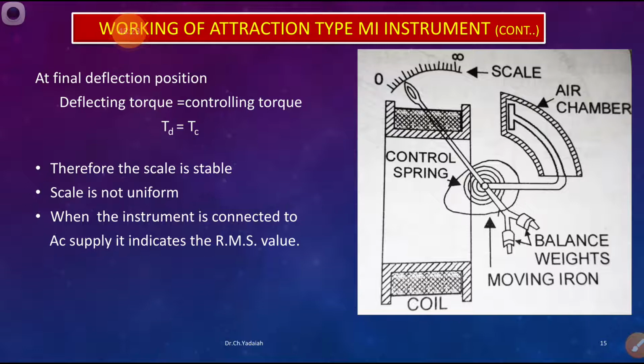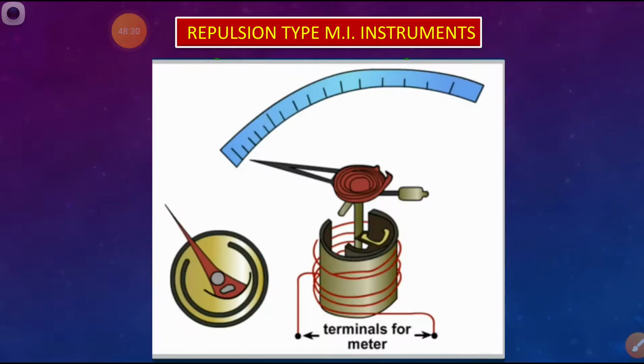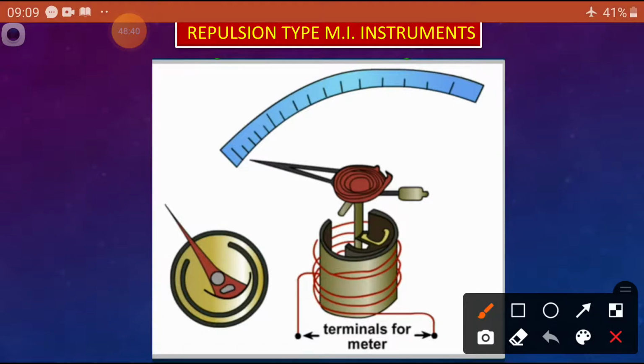Now here we are going to use repulsion force for repulsion type instruments. Let us see it: the repulsion type moving iron instrument. What do we mean by repulsion? Here you can see a coil, similar to a wire coil, through which the current is passing.